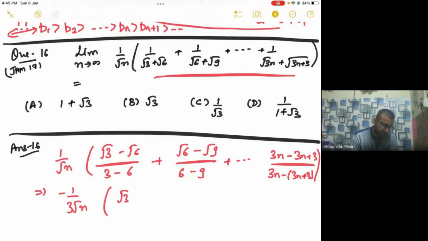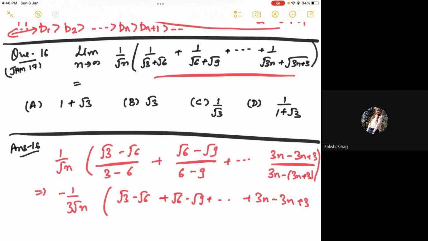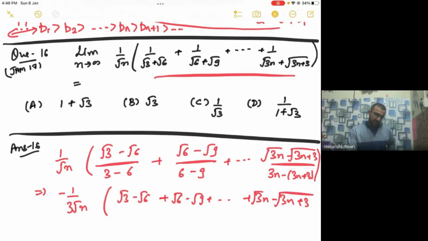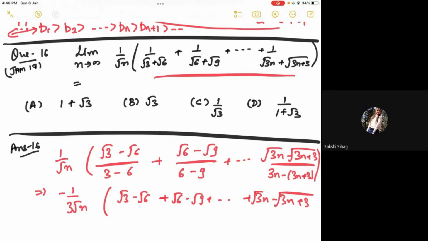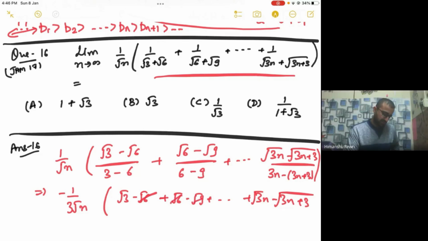So this is root 3 minus root 6 plus root 6 minus root 9, plus so on. It will be root 3n minus root 3n plus 1. Thank you for correcting me. So these whole terms will cancel out, and the minus will make this positive.